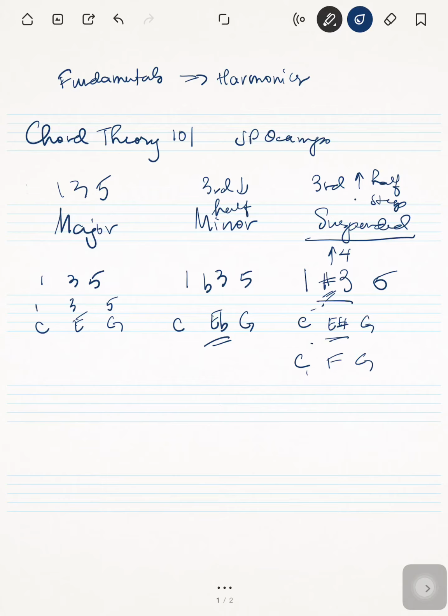So it's either you really know your scales and specifically where the suspension comes from, or you just do this hack, wherein you know that specifically the 3 will be sharp.